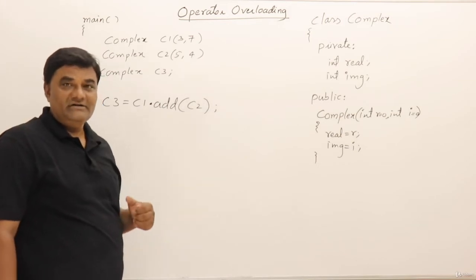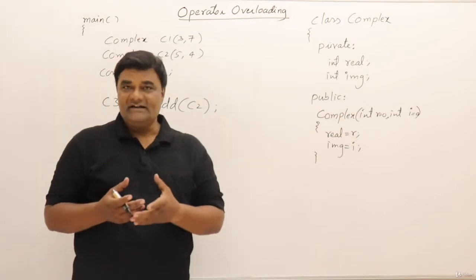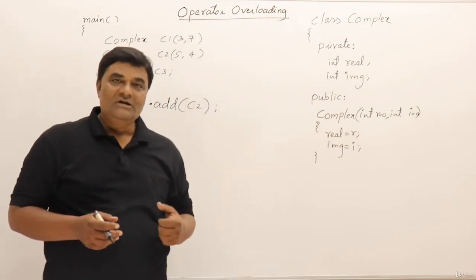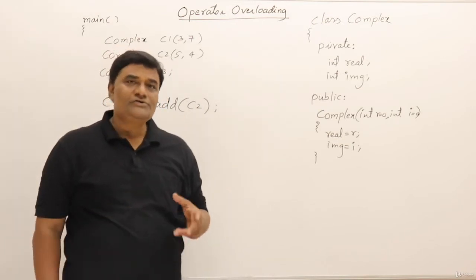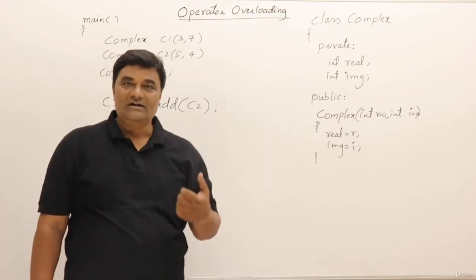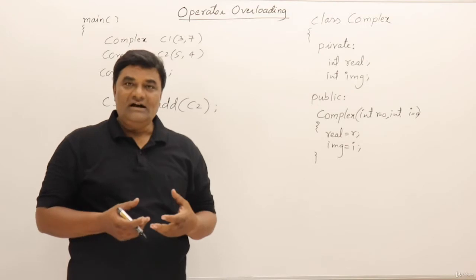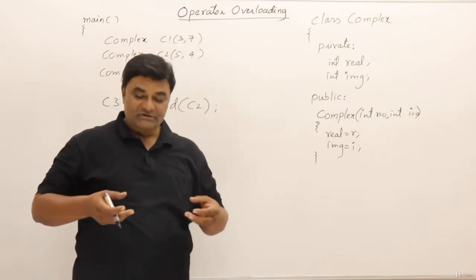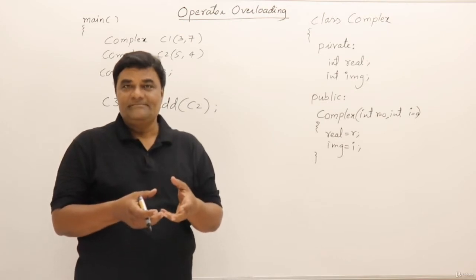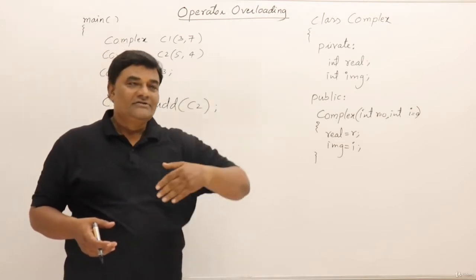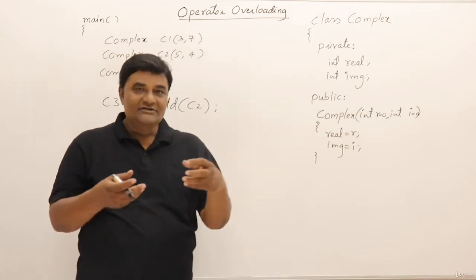See, suppose I have some money with me, and you also have some money with you. Now we want to add. Now who should add this? I also know how to add, and you also know how to add. So if I want to add, I should take money from you as a parameter, and my money is there with me only. I will add the total. Or else you take my money as a parameter and you add it.